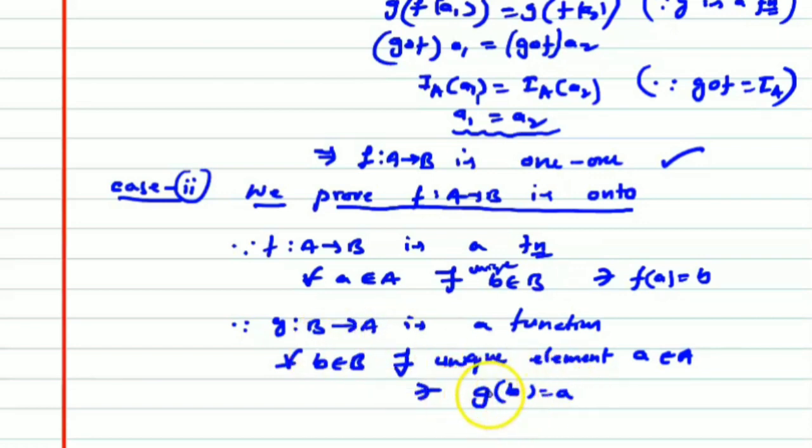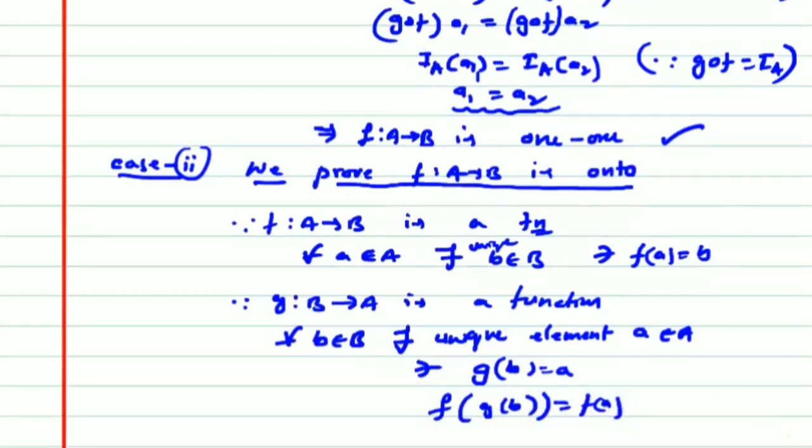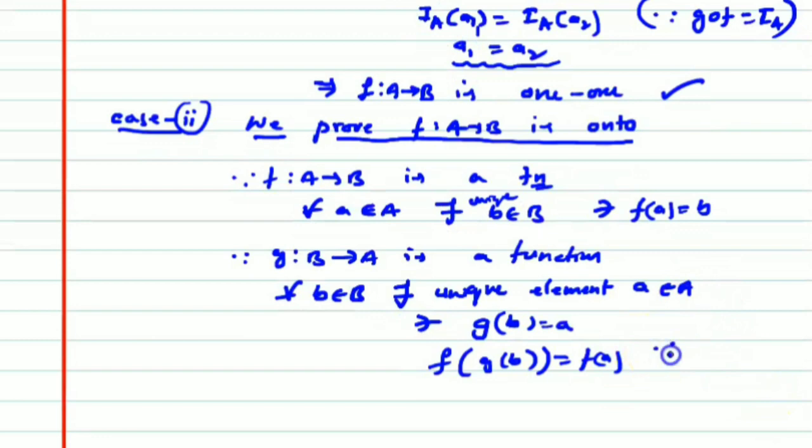I can apply f on both sides, since f is a function from A to B. So f of g of b is equal to f of a.